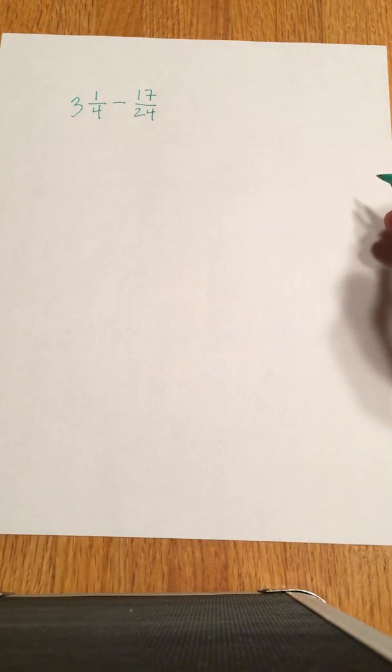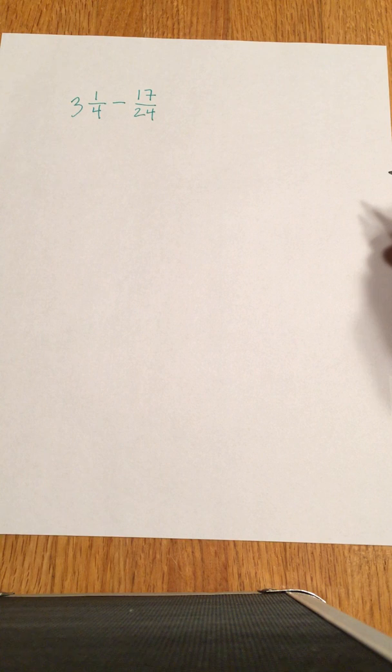We're gonna get to the point today where the answer is an improper fraction, and then I'm gonna stop there. And if you want to learn how to change an improper fraction into a mixed number, you can see the video that highlights foundational skill number 6, which is how to change an improper fraction into a mixed number.